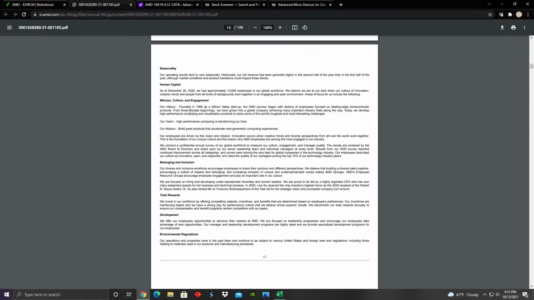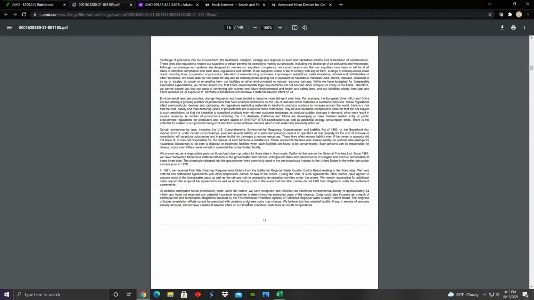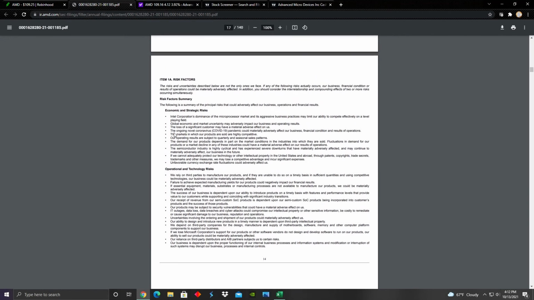We can see their mission, culture, and engagement. They were founded in Silicon Valley in 1969, and their mission is to be a leading edge semiconductor product business and provide a lot of value for customers in that sector. Continue scrolling down here. We can see that these are their risk factors. I always like businesses that are very transparent with their risk factors.